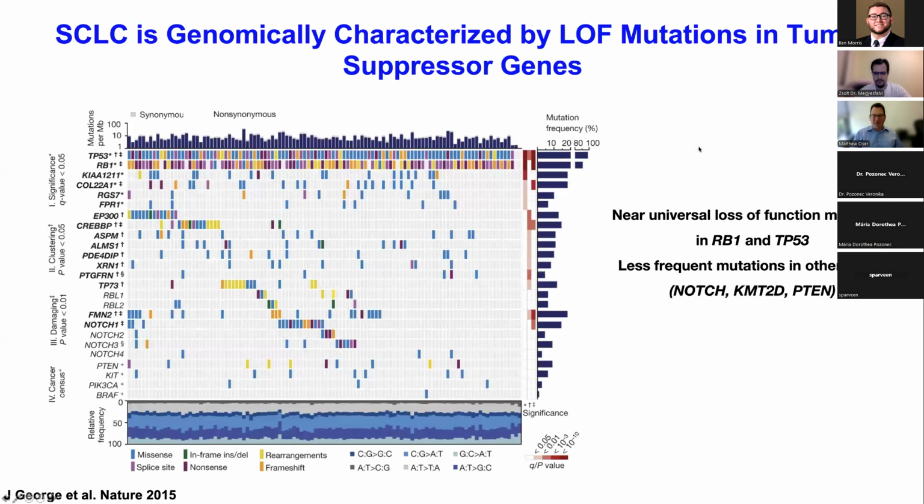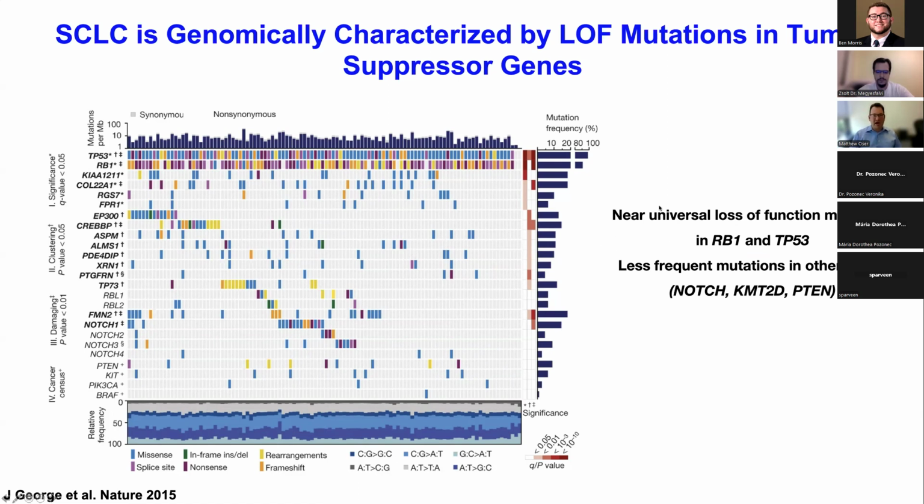So as you all know, being in the small cell lung cancer field, we have appreciated over many, many years, this was work from Julie George in 2015, that small cell is universally characterized by loss of function mutations in RB and P53. There are a few exceptions that appear to have RB wild type tumors, but broadly, this is both RB and P53 loss.